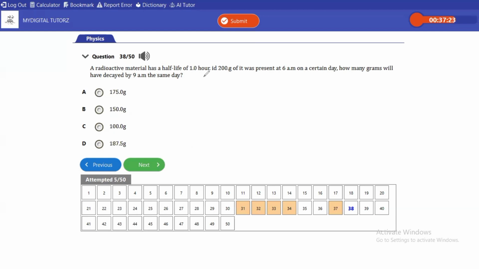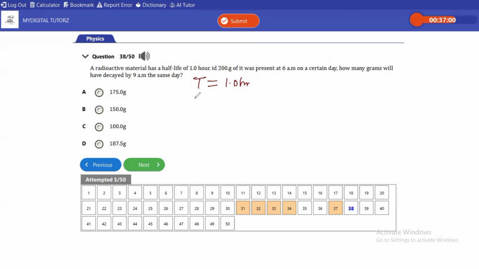So here, the half-life, capital letter T, is given to be 1 hour, right? So that is the time it takes for the radioactive material to decay to half of its initial number of atoms present. That is a half-life.